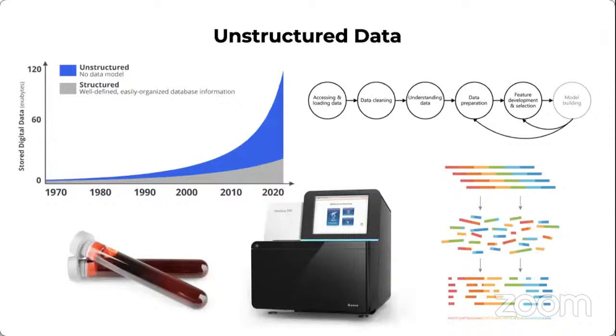The need for such an analysis keeps on growing. So we have not caught up yet, and we have so much unstructured data, and there are ways to deposit only unstructured data.